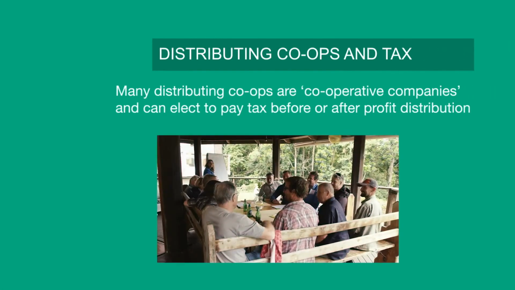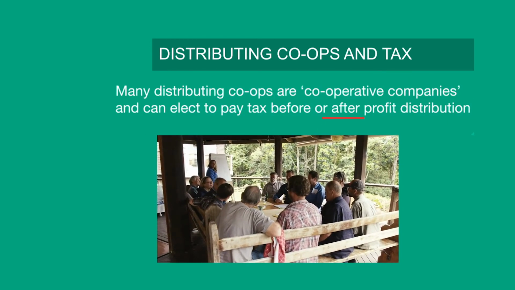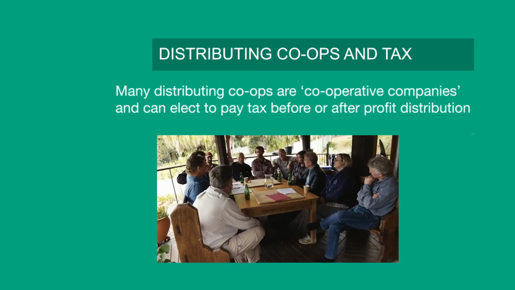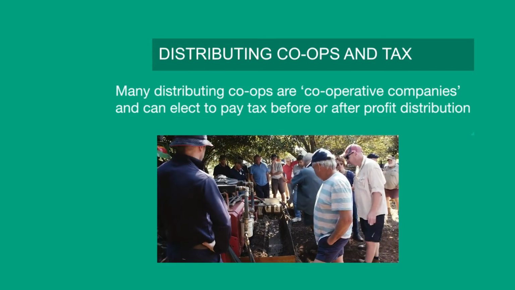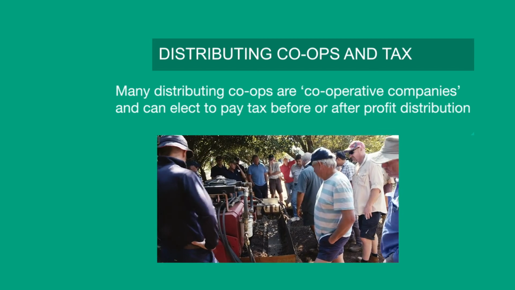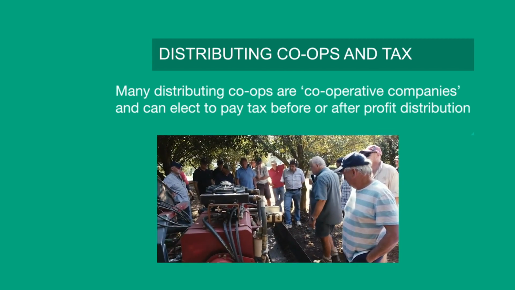Cooperative companies can elect to pay tax either before or after profit distribution to members. This means it can choose to pay tax before profit distribution, so the tax is paid at entity level, or after profit distribution, so the tax is paid by the member on the distribution they receive. This is important to understand.